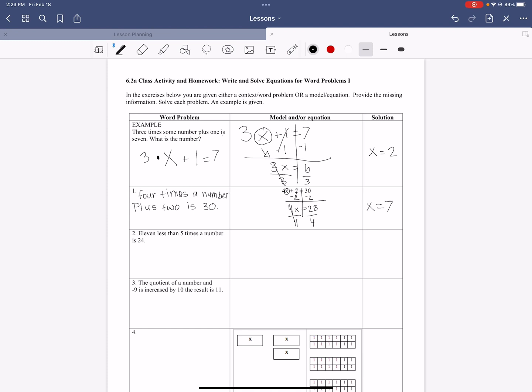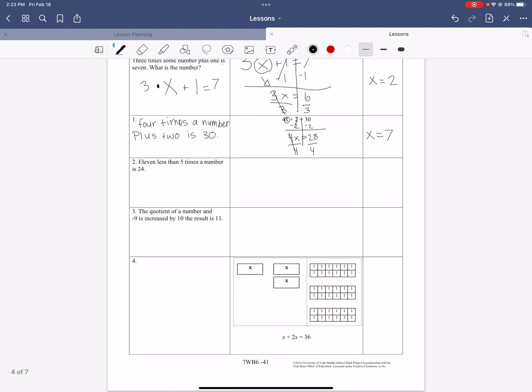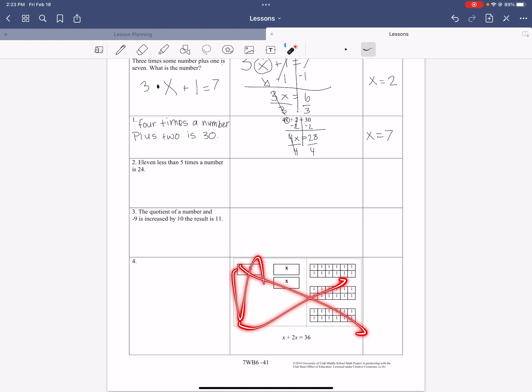Okay, now I want you guys to go ahead and try to do numbers 2, 3, and 4 on your own. And again, I don't actually care if you model. You don't need to model at all. So just write the equation and solve.